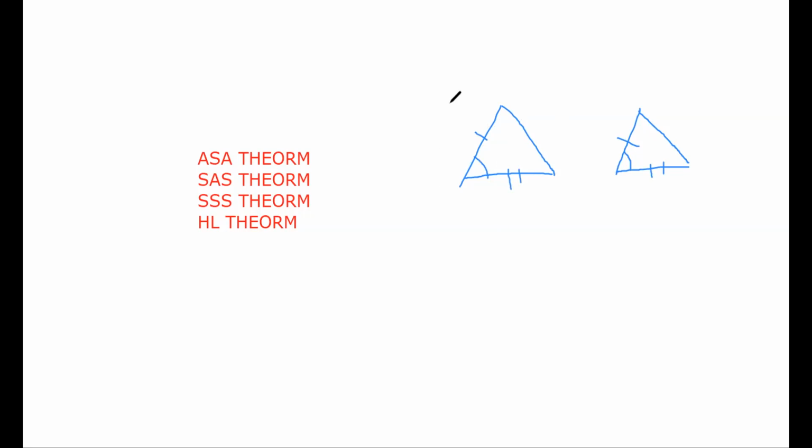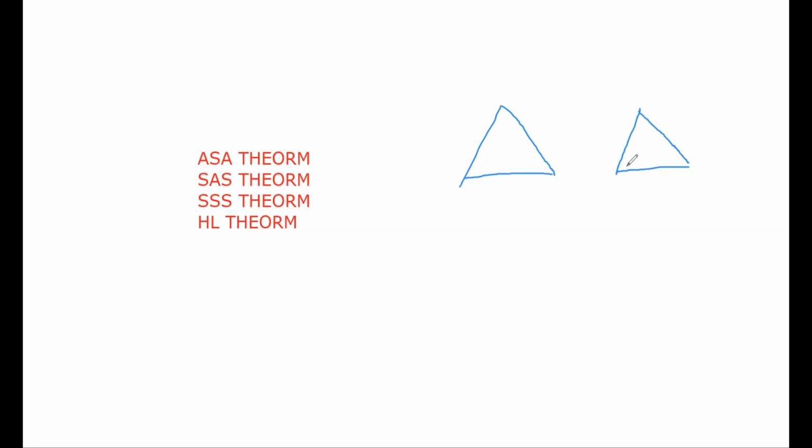For the other 2 theorems that you didn't take, I think they explain themselves. SSS theorem, what does it mean? It means if the 3 sides in the triangle are equal to the 3 sides in the other triangle, then these 2 triangles are congruent.